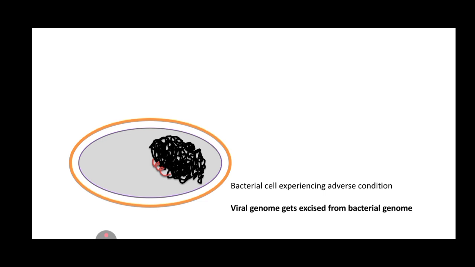Most of the time the excision is very precise, right? Just like a GPS guided missile, it will fix the target and destroy the target correctly without destroying the nearby areas. In the same way, excision is a very precise mechanism.